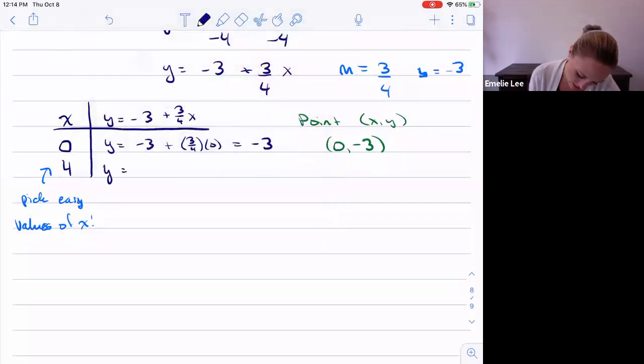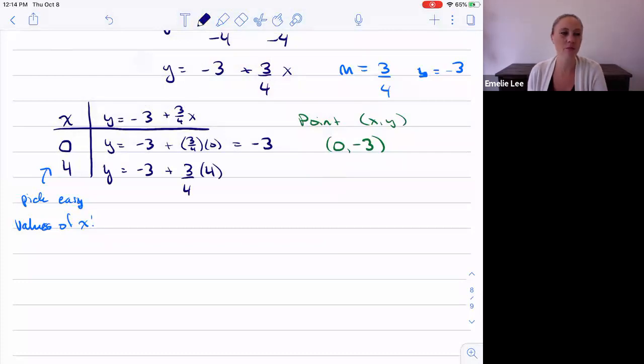So we've got y equals -3 plus 3 over 4 times 4. Well, 3 over 4 times 4 is just 3. So then let's cancel these. Boom, boom. -3 plus 3 is just conveniently 0.